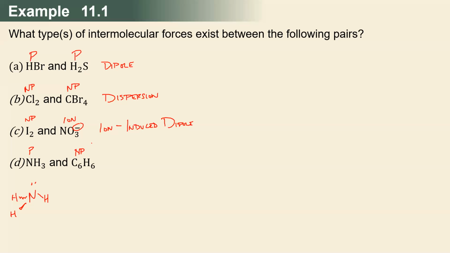So if we have polar and nonpolar together, what did we call that? What was the last example we did on the last slide? Induced dipole. Yeah, so that would be a dipole because we have a polar compound, and an induced dipole for the nonpolar compound.